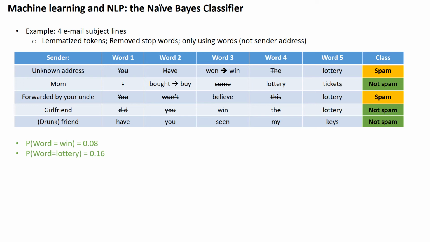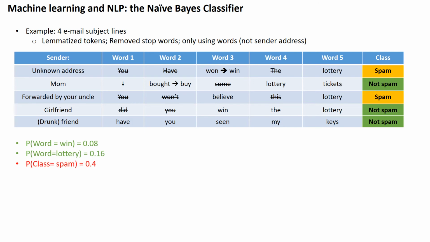Okay, so the probability that the word win occurs in an email subject is about 8%. Then the probability that the word lottery occurs is 16%. All emails except the one of your drunk friend contain the word lottery. So that's 4 out of the 25 words. Okay, 16%.